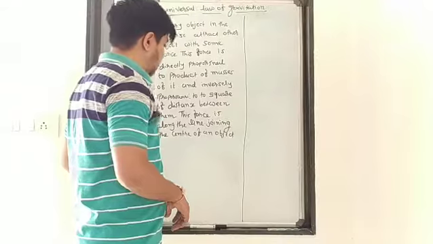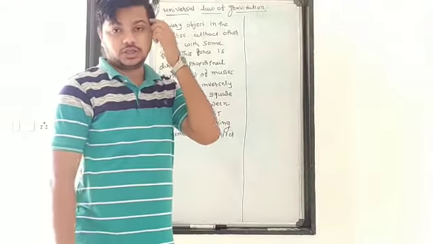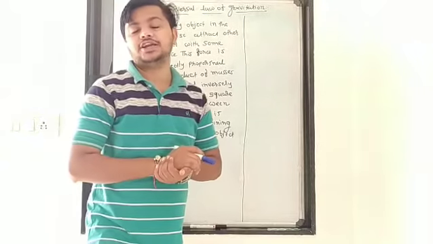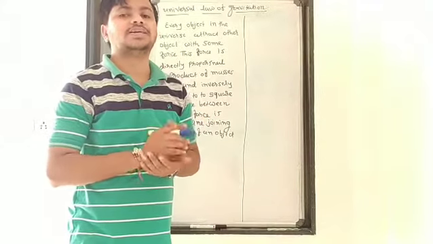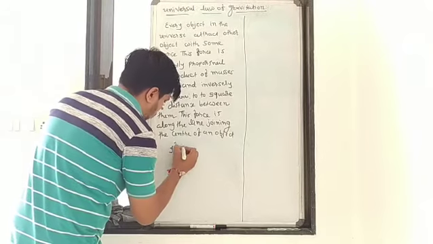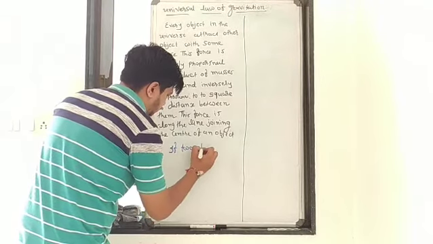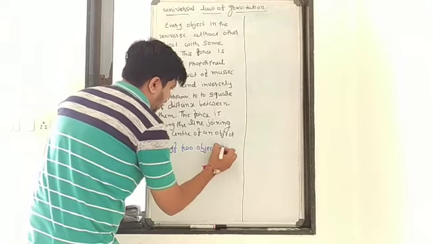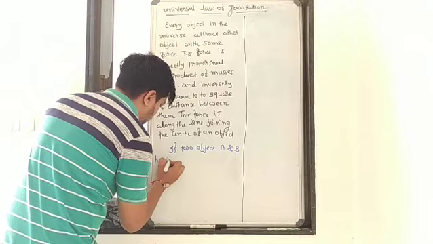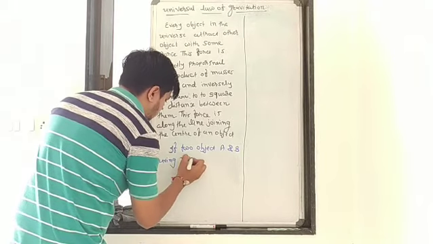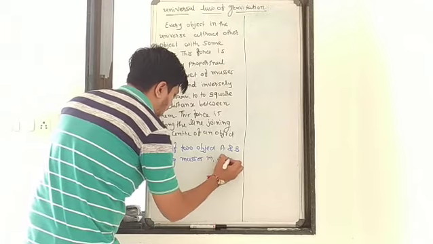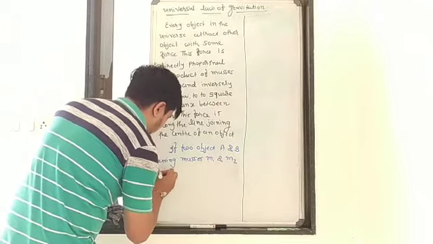Now we have to derive this equation, the gravitational force. For that, we are assuming that there are two objects A and B with masses m1 and m2 respectively.